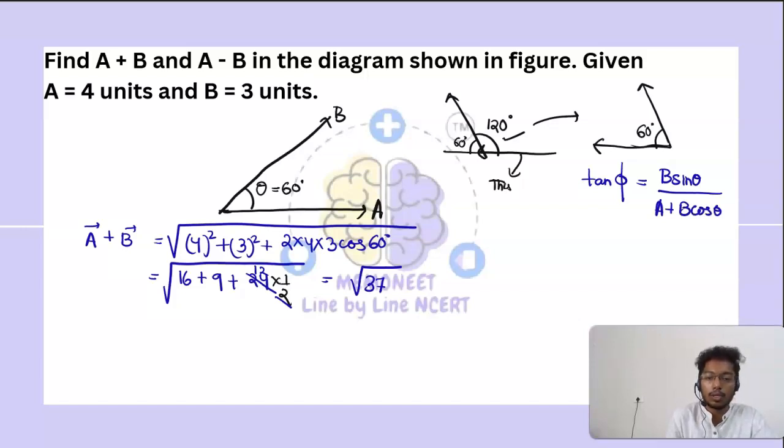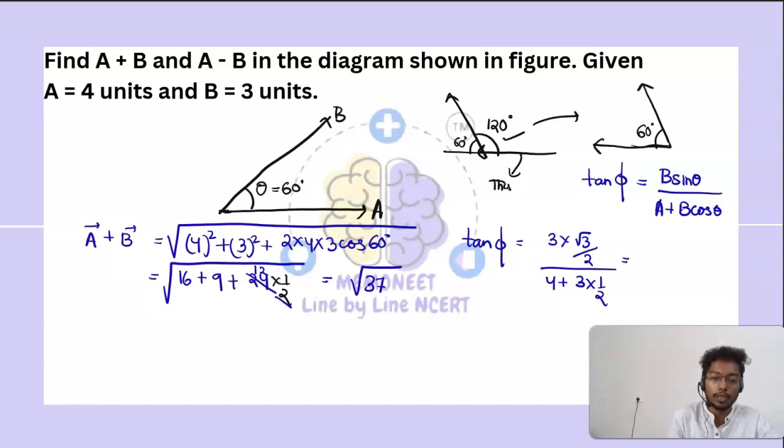So here tan phi, the angle of the resultant from one of the vectors, is b into sine 60 degree, 3 into root 3 upon 2, upon a plus b cos theta, that is 4 plus 3 into 1 upon 2.